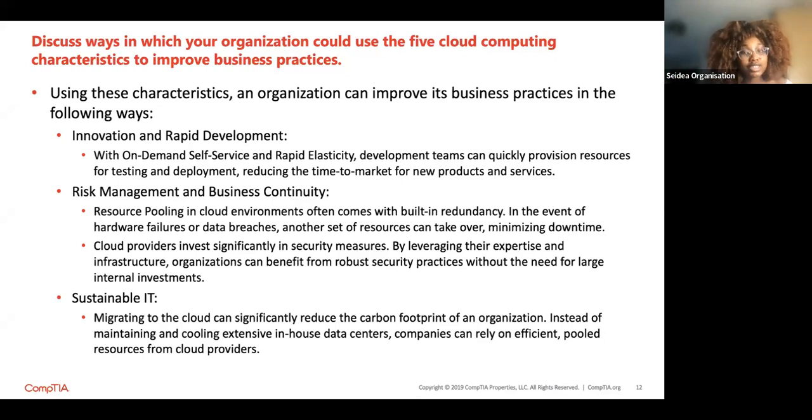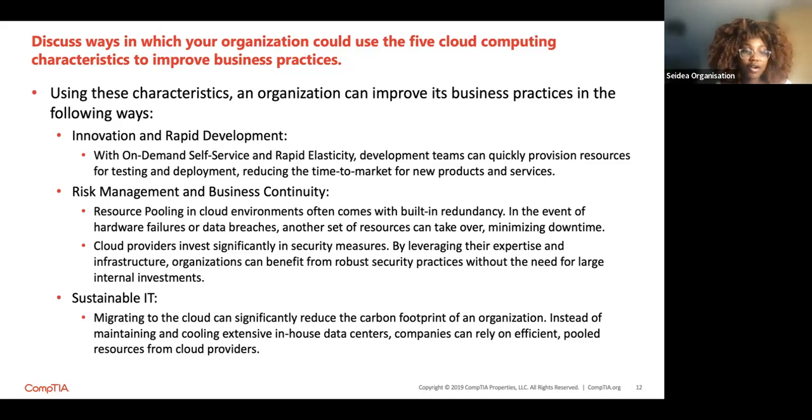Why? Because by leveraging their expertise and infrastructure, organizations can benefit from a robust security practice without the need for a large internal investment or a large need to create their own infrastructure from the beginning. They can utilize organizations such as AWS, Google Cloud, and Azure, who already have that expertise and that strong security model.